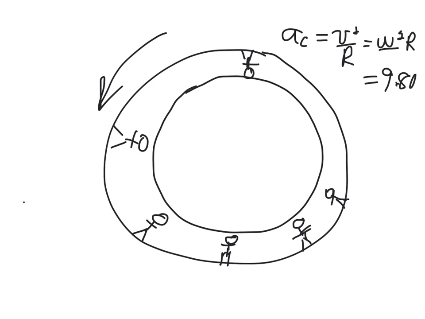So all you're going to do is, if you want the rate of rotation, set omega squared r equal to 9.80 meters per second squared and see what you get.